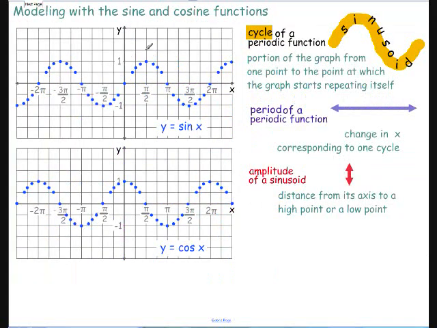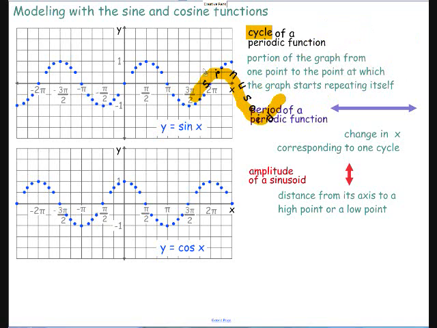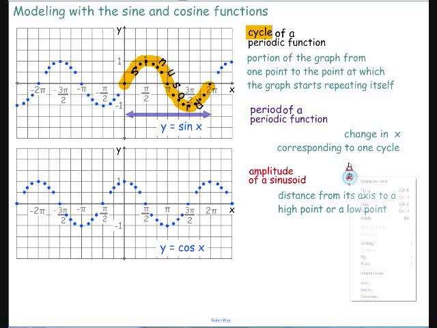You're going to model with these, and when you model with these, you're going to be interested in the shape, if your model can be a sinusoid, the period, so for this we've got a period right here, and you're going to be interested in the amplitude.